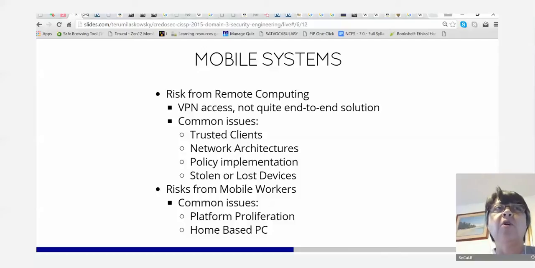So they said, look, you can bring your home computer in and use it, right? So it's bring your own device. I guess they were a little bit ahead of their time. But look, it's national security. One of the guys brought one in, and it was infected by peer-to-peer malware.